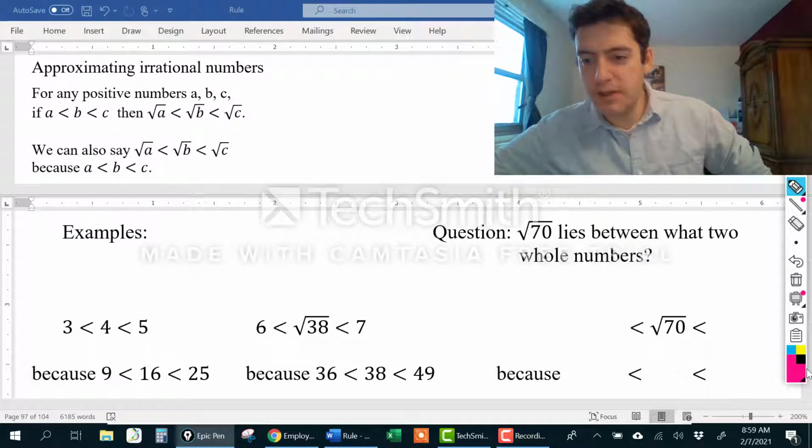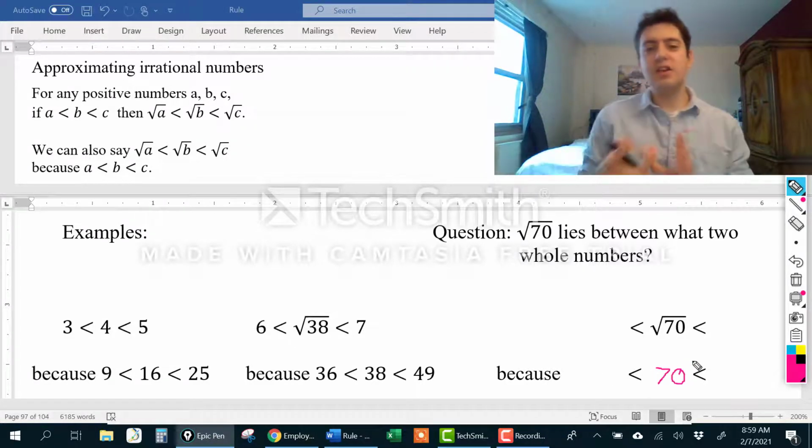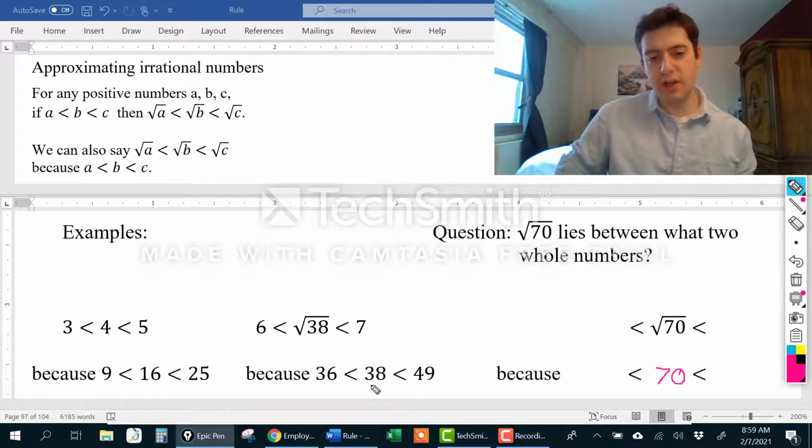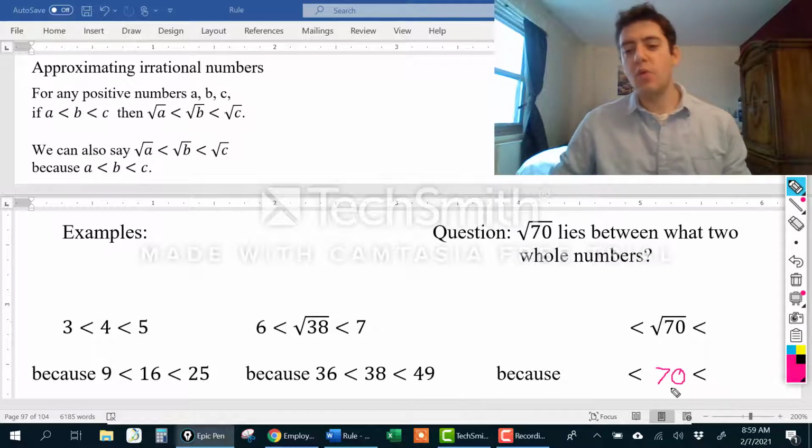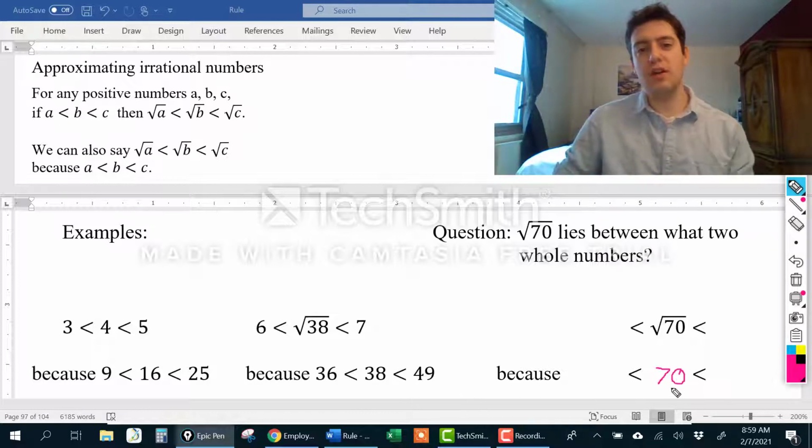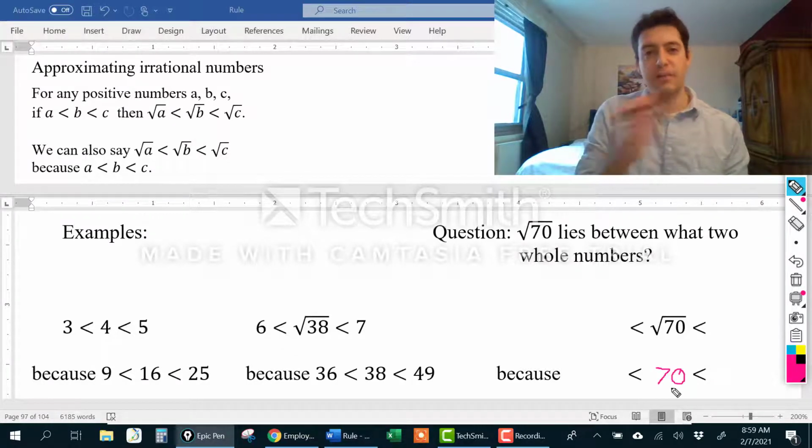I'm going to put just 70 over here. And here's my strategy. Just like over here, how 38 was in between two perfect squares, what I'm going to do is try to find two perfect squares that are on either side of the number 70.